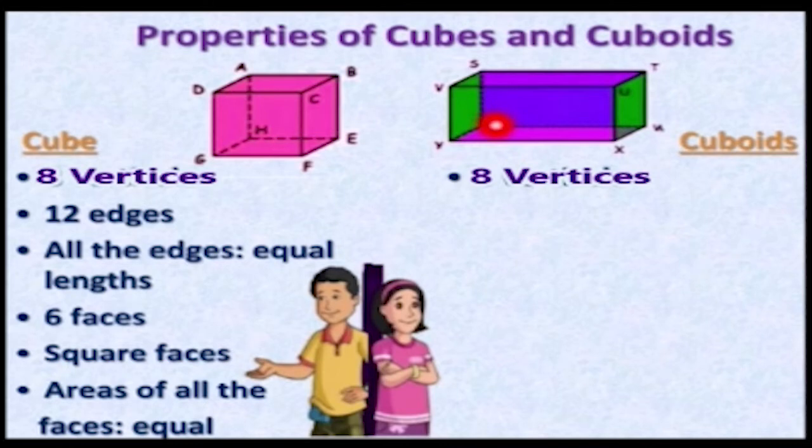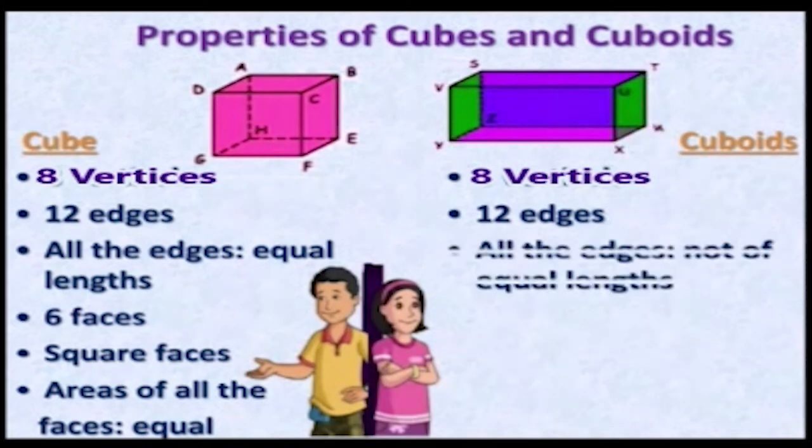Dear students, you already studied vertices and edges in previous classes. 12 edges: 4 on the upper side and 4 on the bottom side, 4 and 4 make 8, then 9, 10, 11 and 12. So there are 12 edges, and the edges are not all equal in length like in a cube.